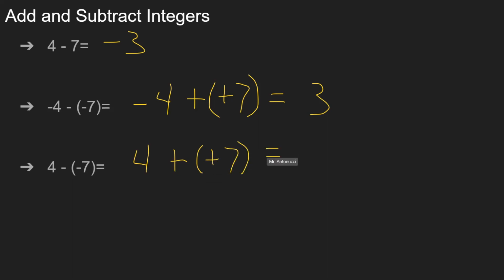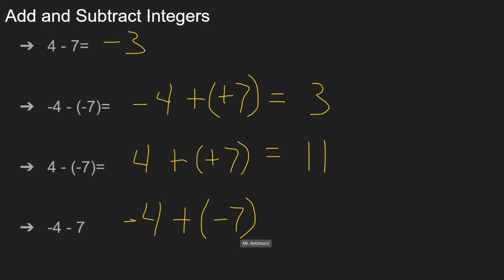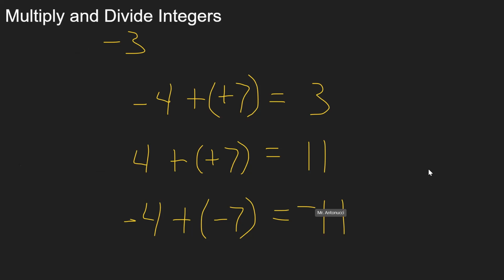All right, numbers with the same sign, you add them, keep the sign, positive 11. And here we go, keep negative 4, change plus, change negative 7. So we're adding numbers with the same sign. Again, so you add the numbers and keep the sign, negative 11.